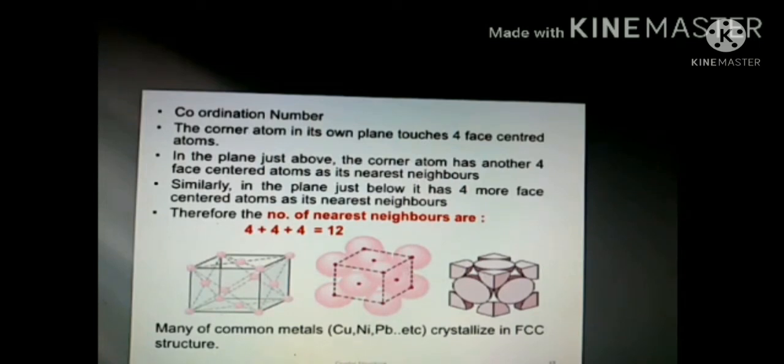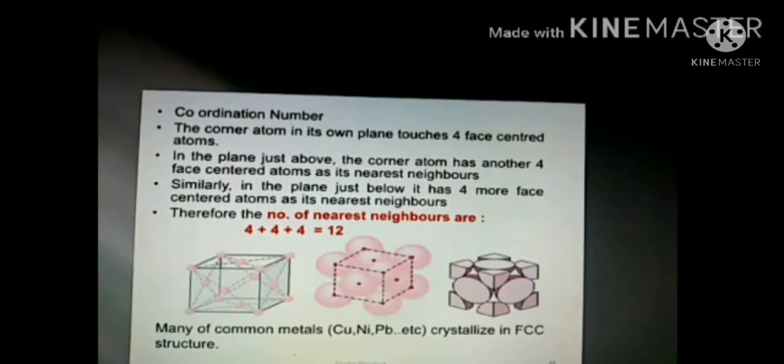Similarly, in the plane just below, it has 4 more face center atoms. These are the nearest neighbors, so 4 plus 4 plus 4 gives 12 nearest neighbors.